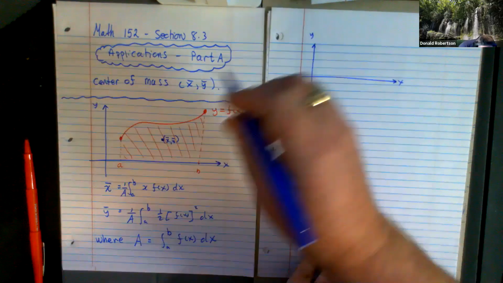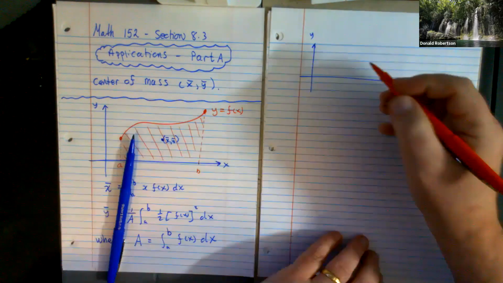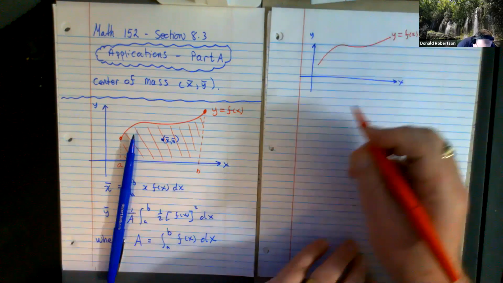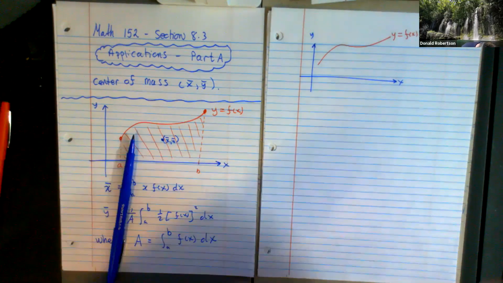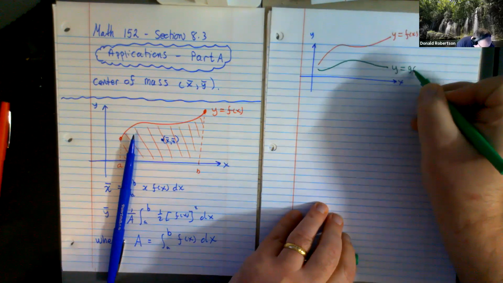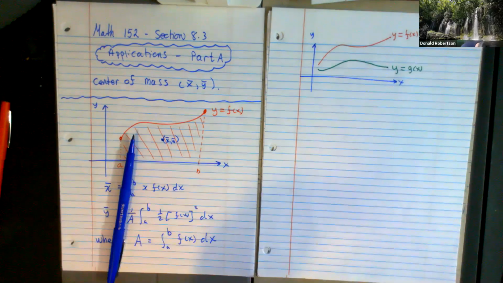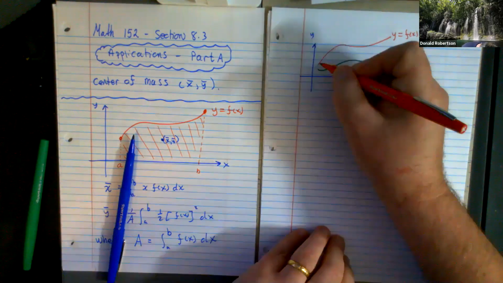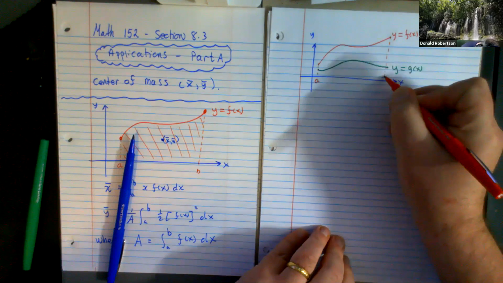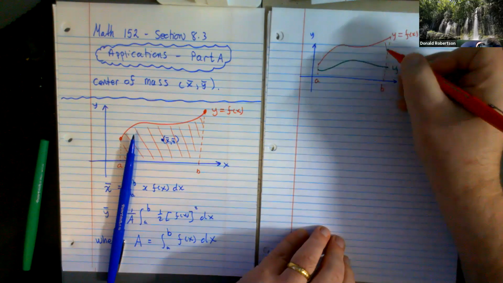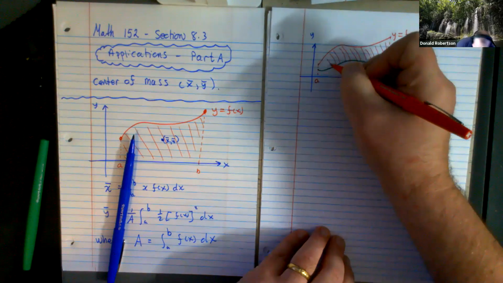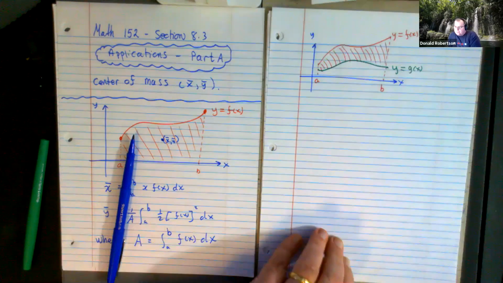Imagine that we have y equals f of x, and we have another function, y equals g of x, and we're interested in from A to B. So in other words, the area that we're trying to find the center of mass is the area between two curves, right?